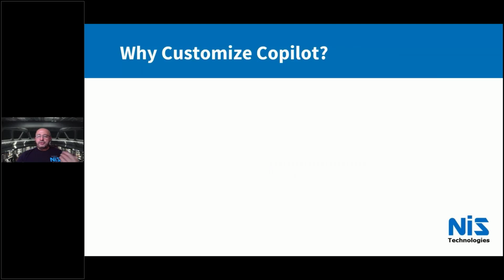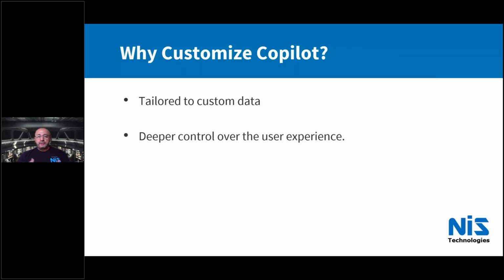So now the question is, if we have Copilot available, why would we want to customize it? Essentially, you're going to be tailoring it to your own custom data. This allows for deeper control over the user experience, meaning that as a customer, I no longer have to search the web to find out how much an item costs on your website, or where I can find it on your website.